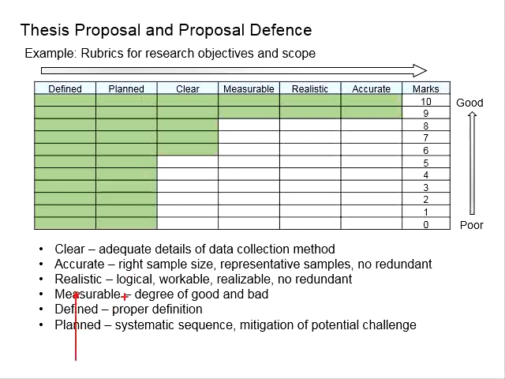Realistic, that means you're talking about logical, workable, realizable, and no redundancy. Accurate, you're talking about right sample size, representative samples, no redundancy, no repetitions. Clear, that means adequate details of data collection method.